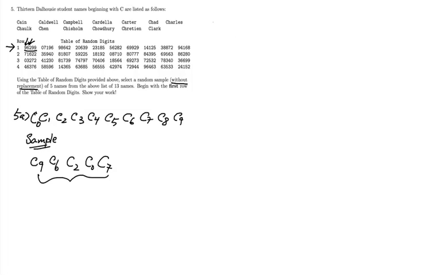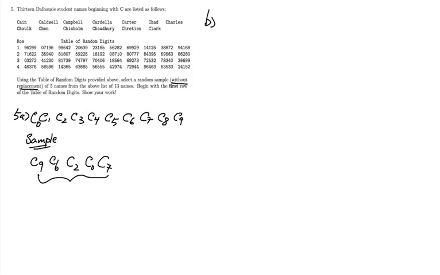Now, coming back to the original question, where we have 13 students. Right off the bat, there's a problem here. The problem lies in the fact that these random digits span from 0 to 9.